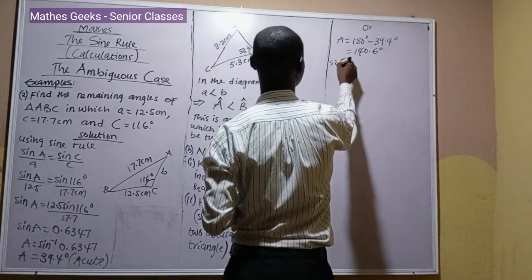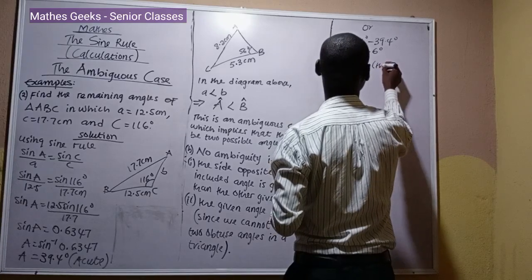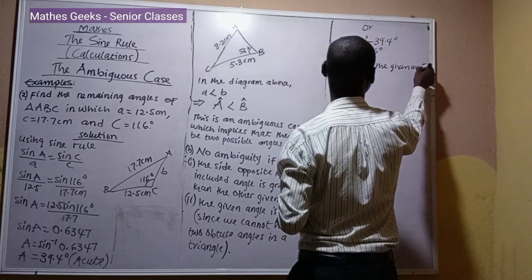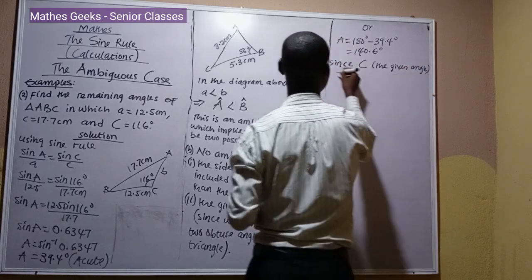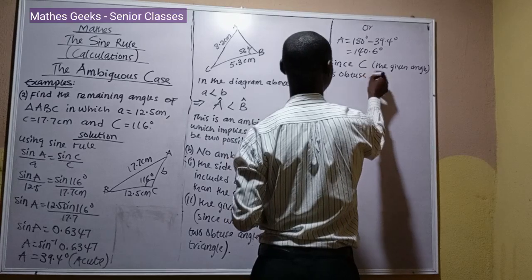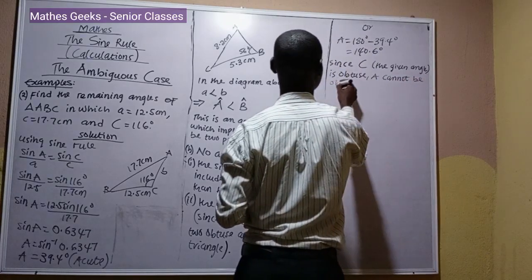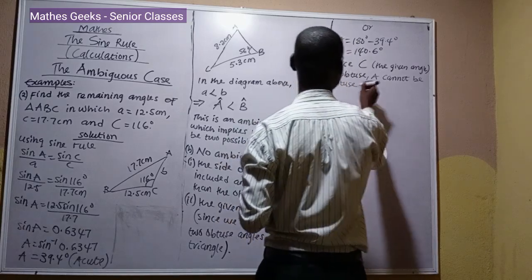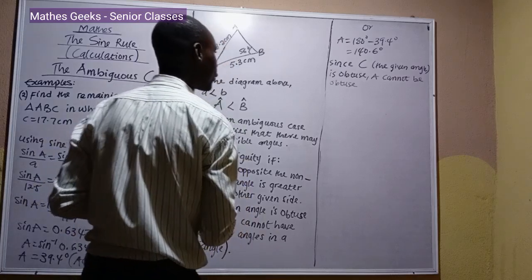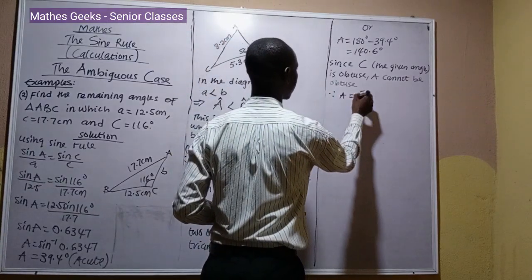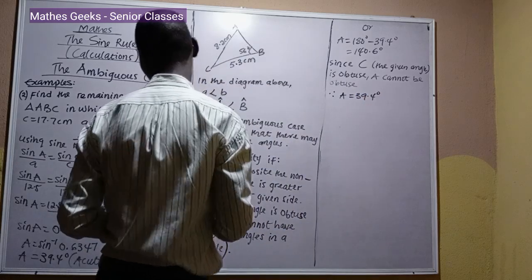Since C is the given angle and is obtuse, A cannot be obtuse. Why is it so? Because of this rule, we cannot have two obtuse angles in a triangle. So A is equal to 39.4 degrees only. That's the value of A.